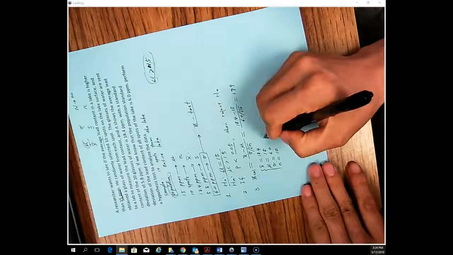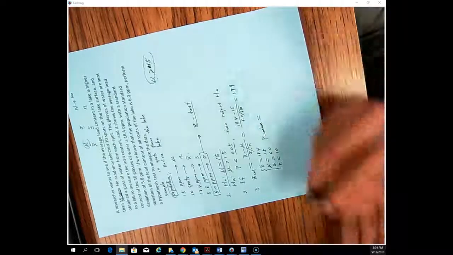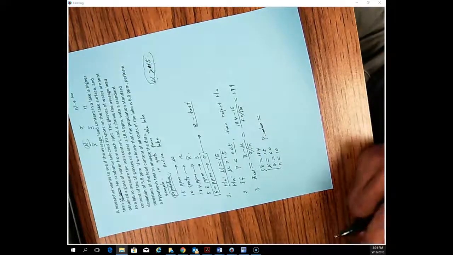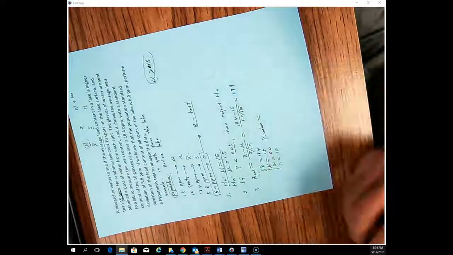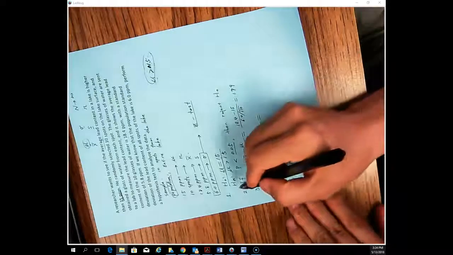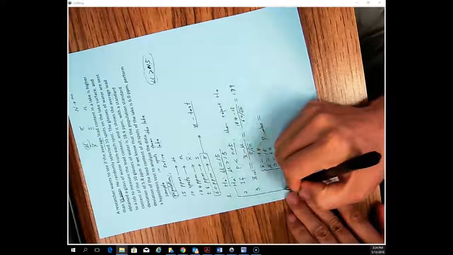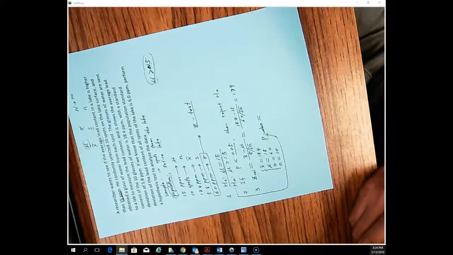Now we can find the p-value. P-value is the probability that you assume the null hypothesis is true and you observe the value as extreme or more extreme than your sample data. So as extreme or more extreme, in terms of more extreme, it depends on your alternative hypothesis.